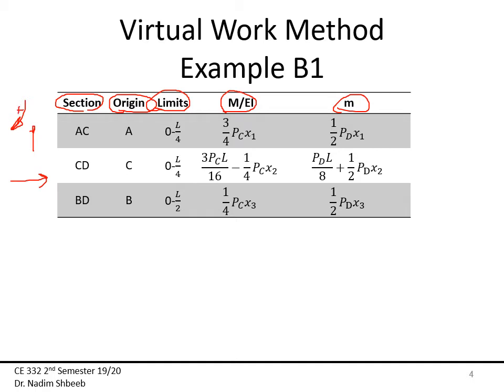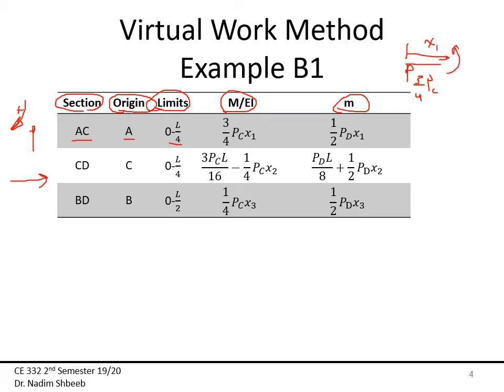So now if you go back to section X1, which was section AC, we chose the origin to be on A, and then the limit was from 0 to L over 4. Then for that I simply just have the reaction, which was 3/4 PC. Again, X1 was this way.